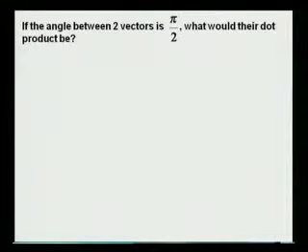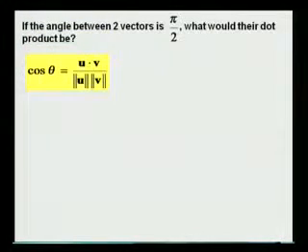Next, a very important thing: if the angle between two vectors is pi by 2, then what would the dot product be? This is a very important question. Here cos theta is equal to u dot v upon modulus of u times modulus of v.